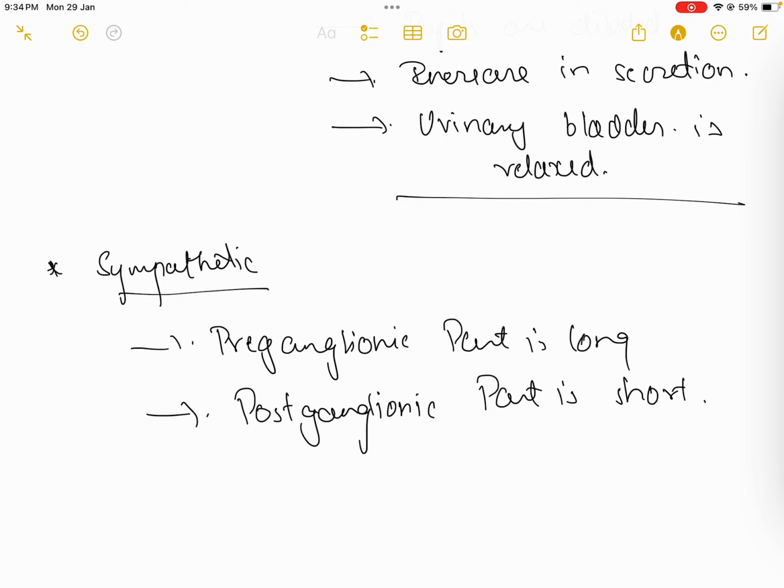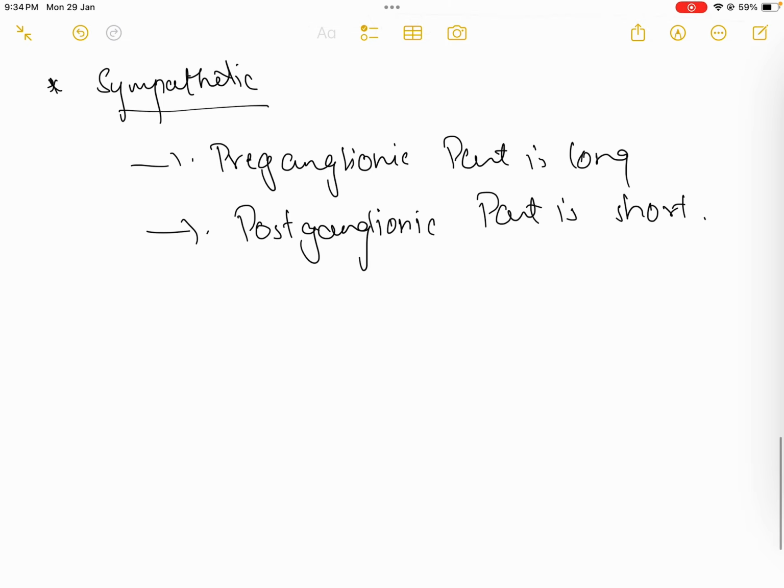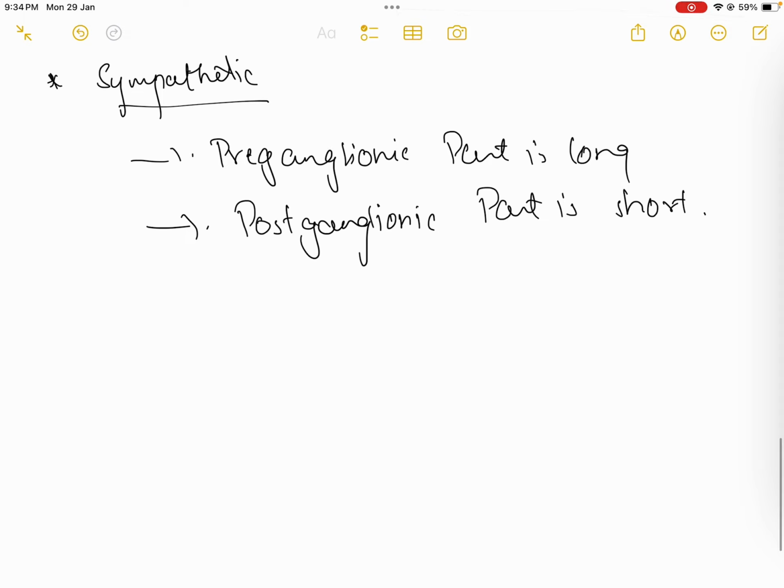Usually the ratio varies in this type of system, so there is no specific ratio. Now, we call the sympathetic system the adrenergic system in the pharmacological aspect, I'm sorry.